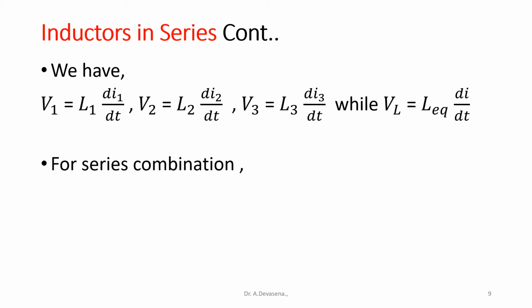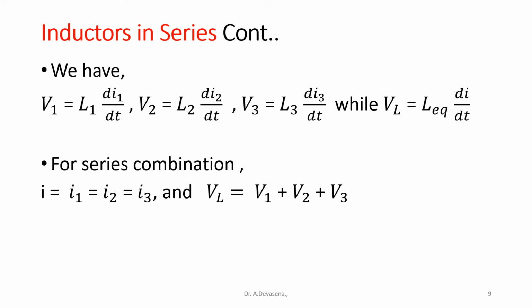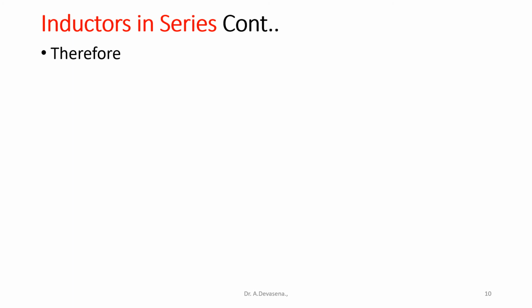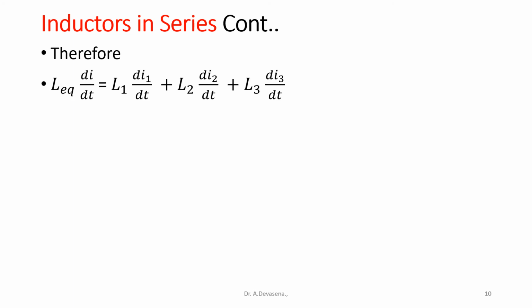For series combination, I is equal to I1 is equal to I2 is equal to I3 and VL is equal to V1 plus V2 plus V3. Therefore, L equivalent di by dt is equal to L1 di1 by dt plus L2 di2 by dt plus L3 di3 by dt, that is equal to L equivalent di by dt.